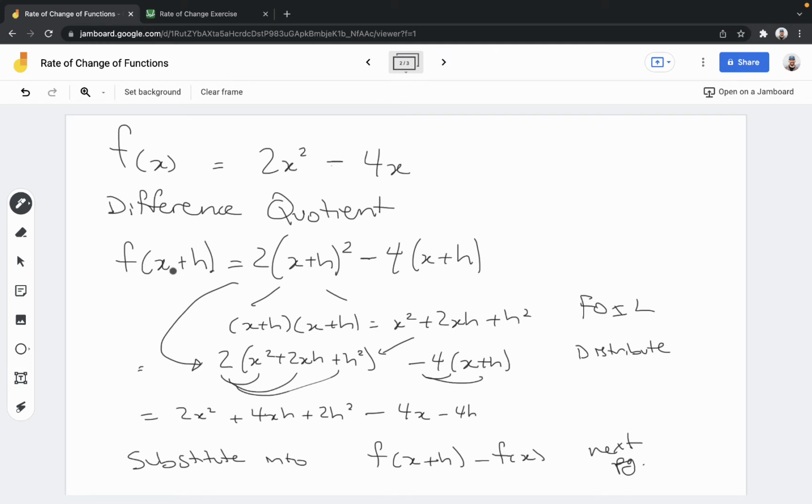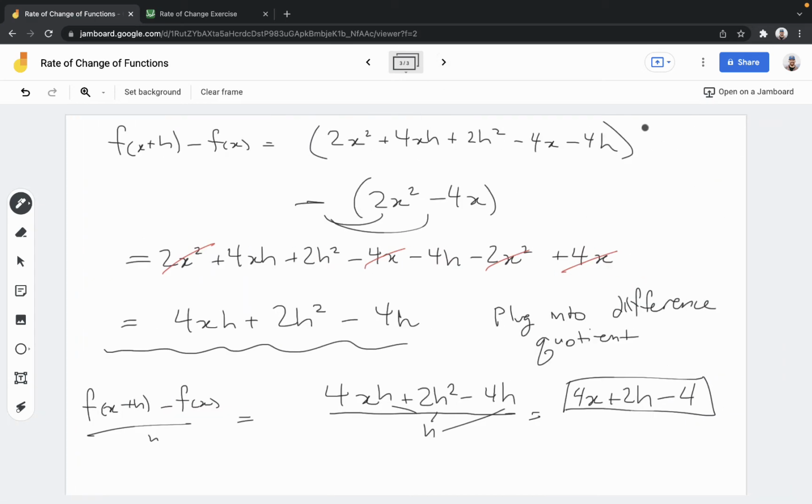So plug in x plus h for the x values. You've got that there and there. You've got to multiply the product of the binomials since it's the second power to get a trinomial. Then you plug it back into the 2 and -4 coefficients, distribute those, and you've got your first part of the numerator. Then we need to subtract off the original function.